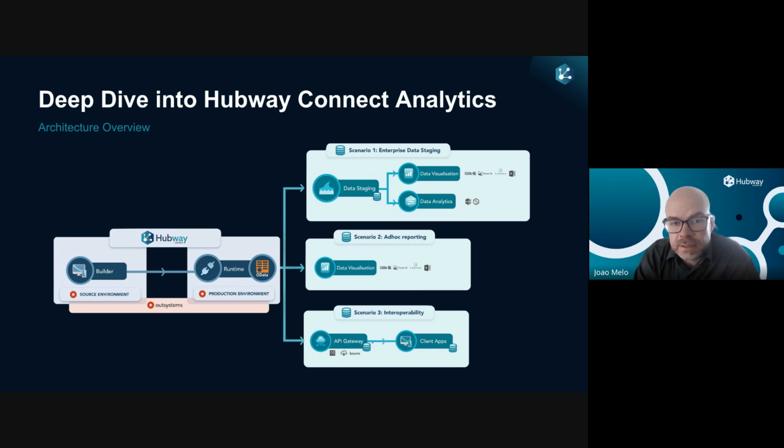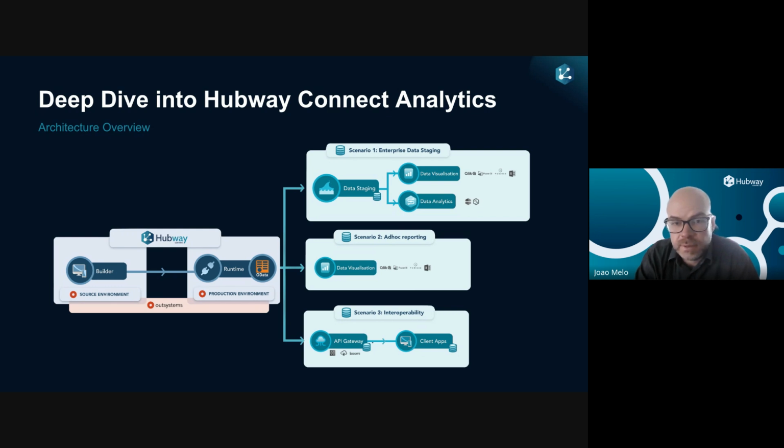In this scenario, the data is staged with the use of an ETL tool. The data is staged in a data staging zone, which is where it can be pulled out for data visualization and analytics scenarios.